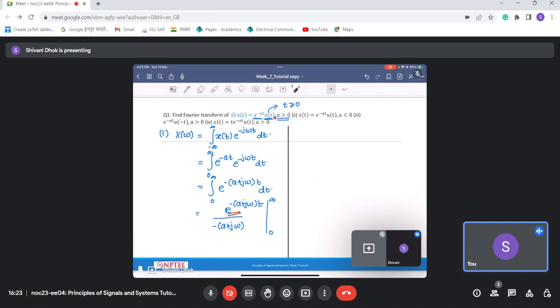So based on this condition of a greater than 0, as t tends to infinity this exponent tends to 0, and therefore X of omega is equal to 0 minus 1 upon minus (a plus j omega), which is equal to 1 upon (a plus j omega). So this is the Fourier transform of the given signal, x(t) equal to e power minus at u(t).